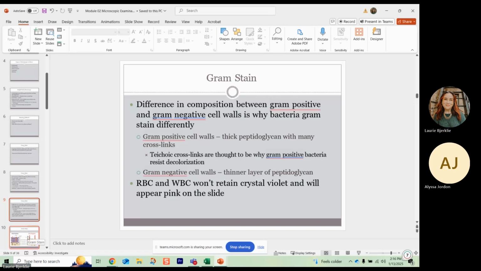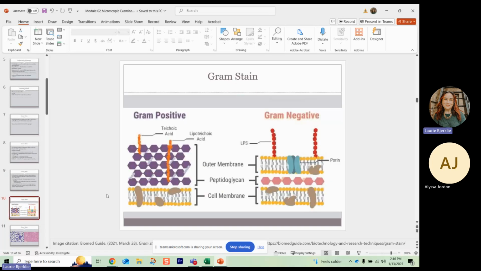So this is just a nice example of that difference between gram positives versus gram negatives, as we've been discussing. The thick layer, the teichoic acids here in the gram positive versus over here in the gram negative. They just have a thin layer of peptidoglycan, right here.